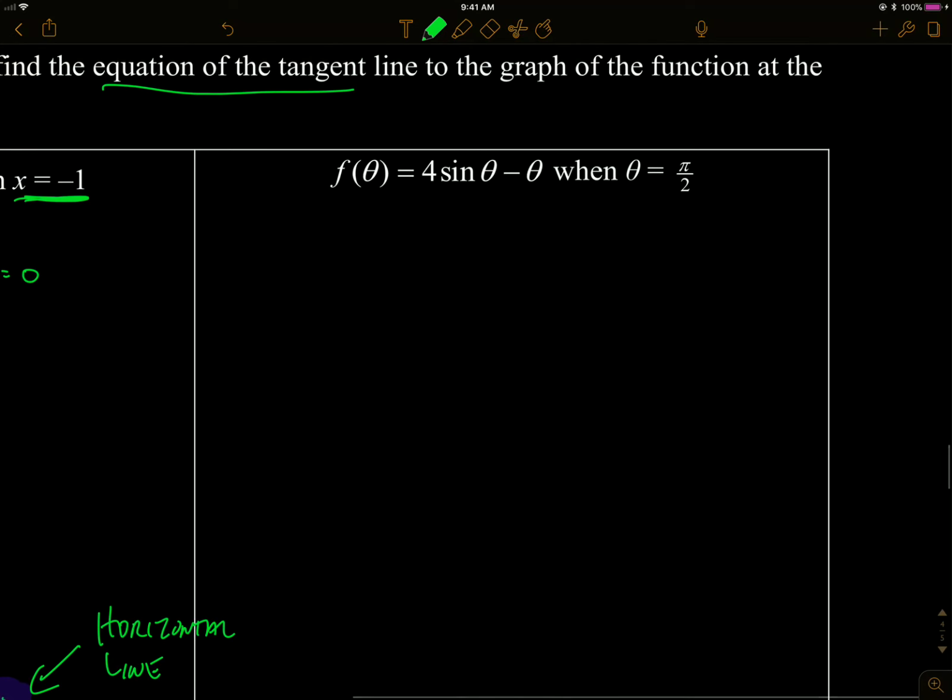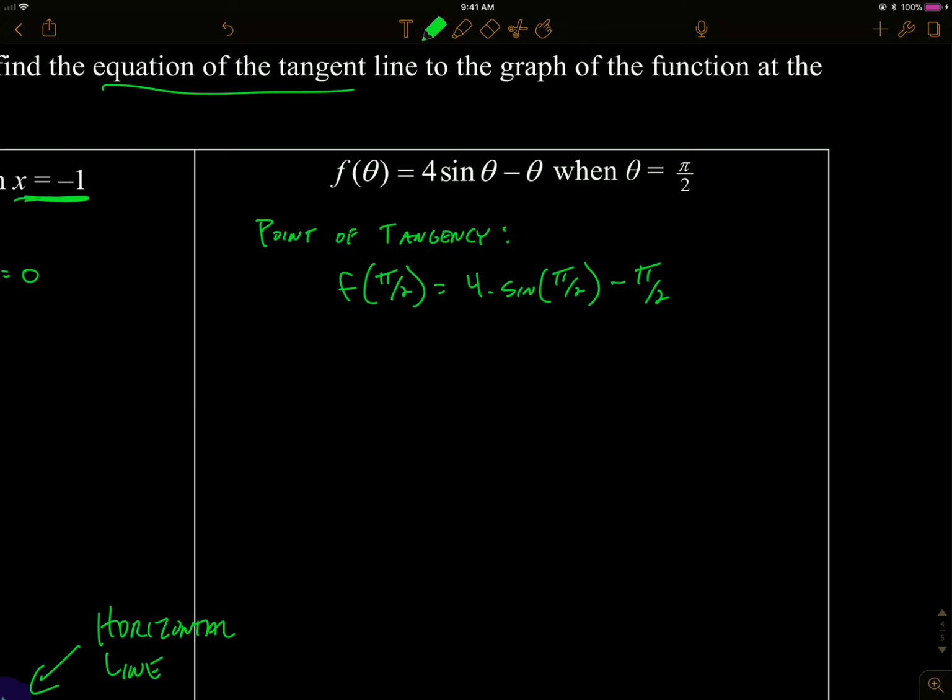All right, let's try the next one. So I got to first find my point of tangency. So that means I do f of pi over 2, and I get 4 times, I won't put the parentheses there, sorry, 4 times the sine of pi over 2 minus pi over 2.